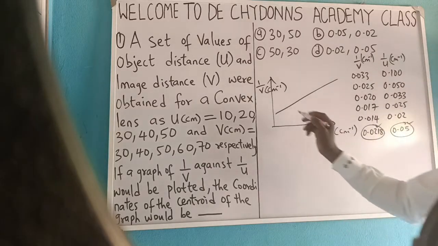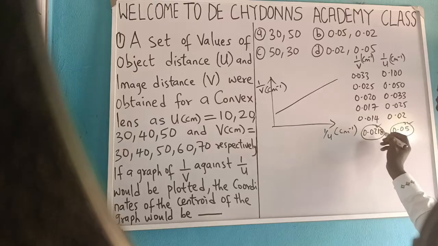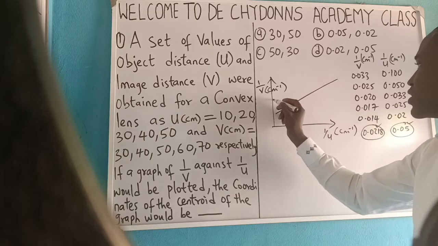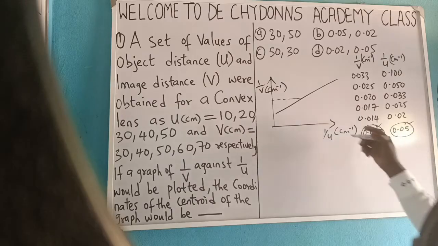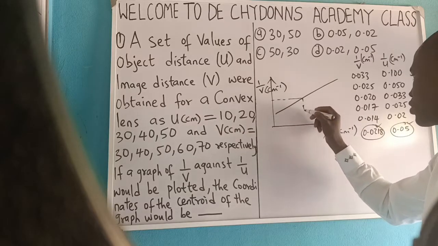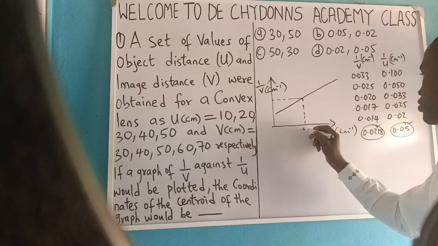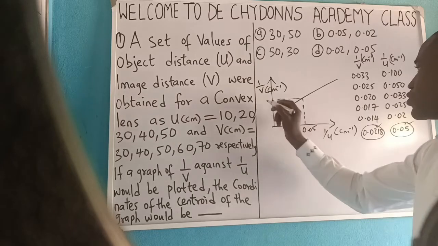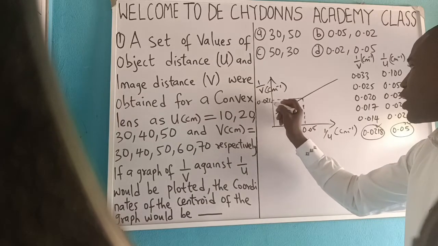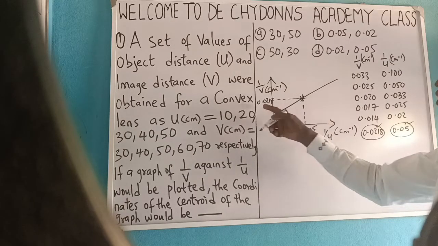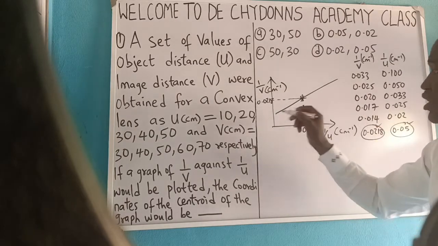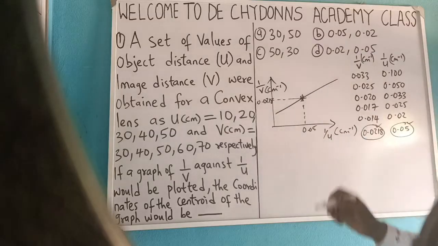If here is 0.0218, here should be 0.05. I must locate this intersection before drawing this line of best fit.